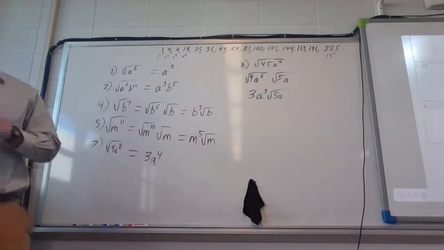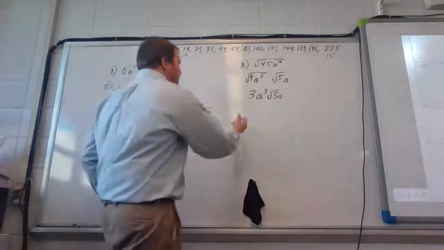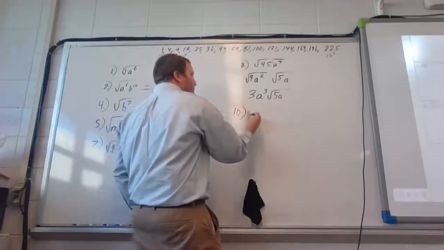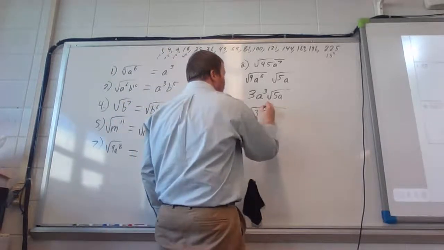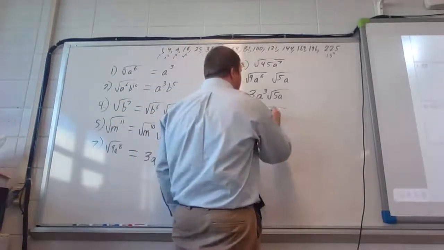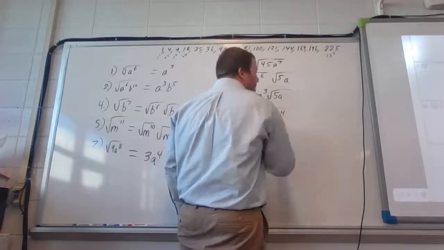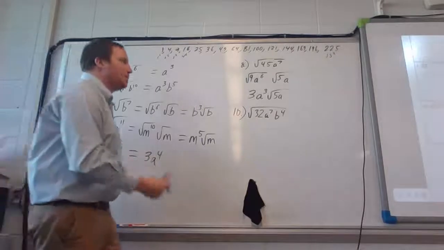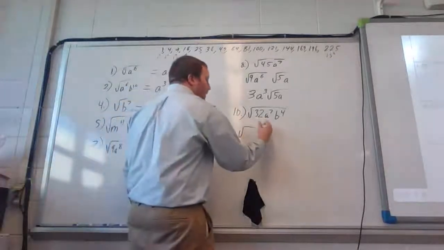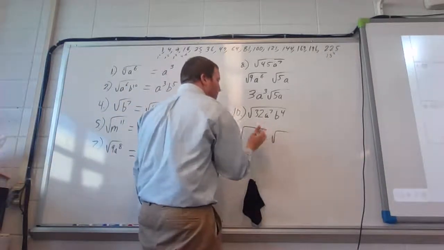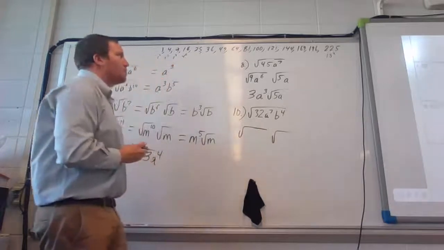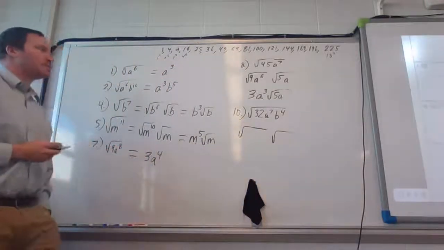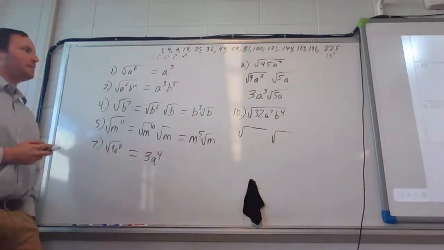About 10. So let's look at 10. The square root of 32a to the 7th b to the 4th. Okay, so again, first thing, we want to split it into perfect squares and non-perfect squares. 32, what's the biggest perfect square that goes into that? 8 and 4.